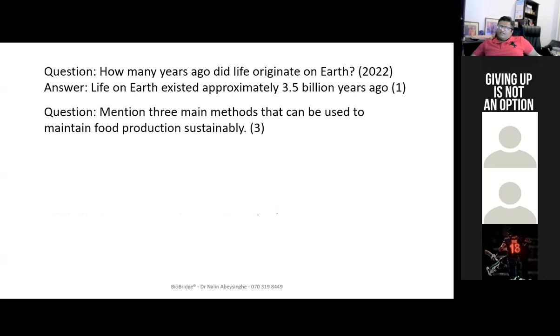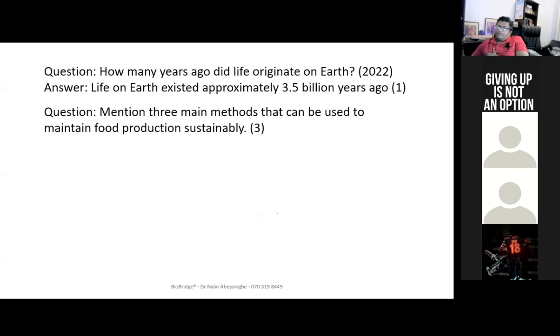Then, this is also from the same year. Mention three main methods that can be used to maintain food production sustainability. You have to have sustainable food production. Can someone tell? Production of high yield varieties, production of disease resistant varieties, post harvesting methods. Excellent.